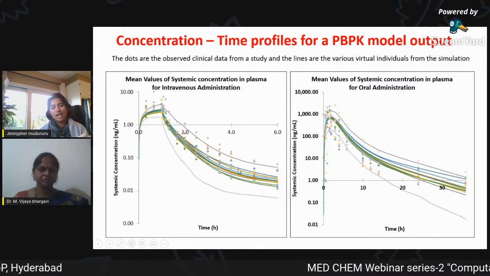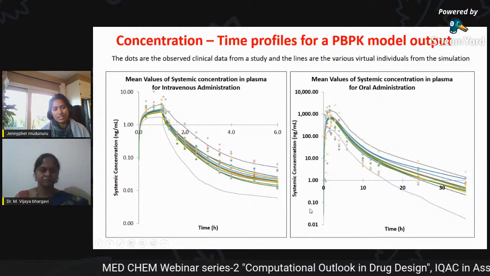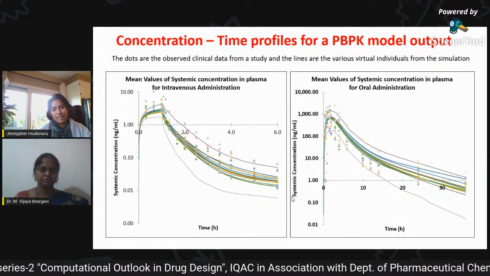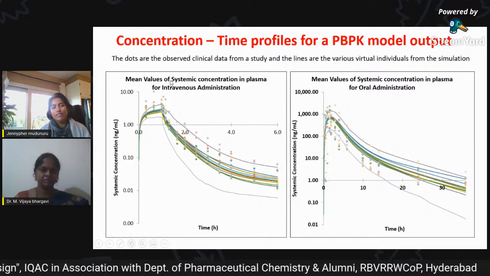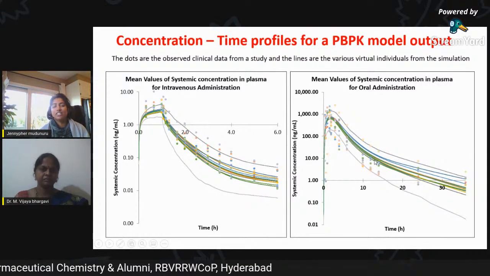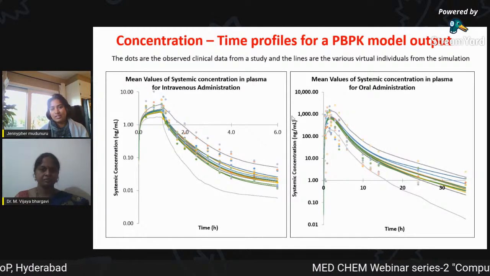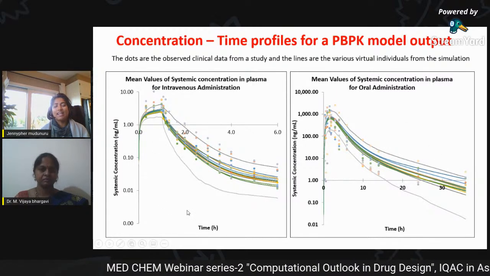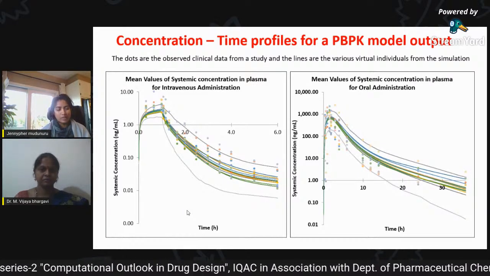So we are just shooting in the dark and saying, okay, this is our model. We are building this, and these lines are your predictions. So when they ask us to verify the model for a future application, we need the clinical data. Once we get the clinical data, we overlay the predictions with the observed data. And this serves as a validation, which gives us confidence that using this model, we are actually capturing what is happening in the clinic. So this particular step, validation, can only happen once we have proper clinical human data.